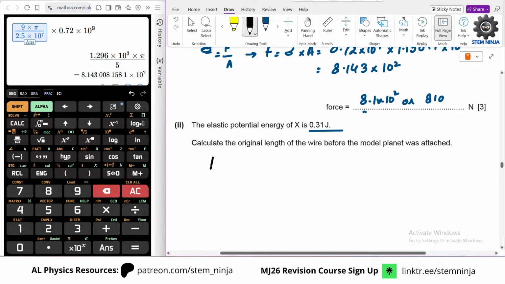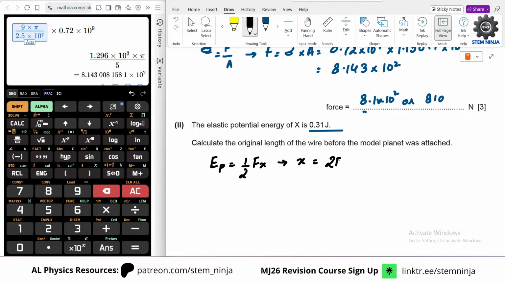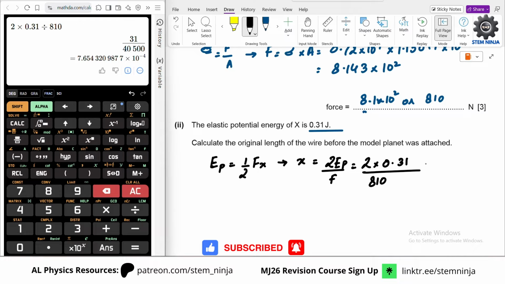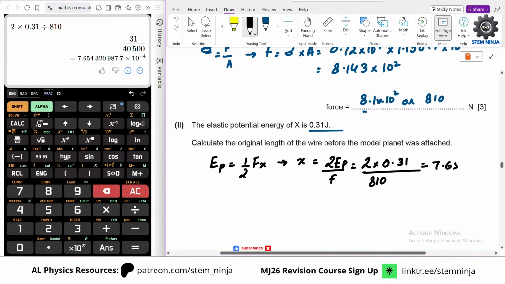All right. So potential energy is half times Fx. So x would be 2 E_P over F. 2 times 0.31 divided by 810. This is our extension: 7.654 times 10 raised to power minus 4 meters.